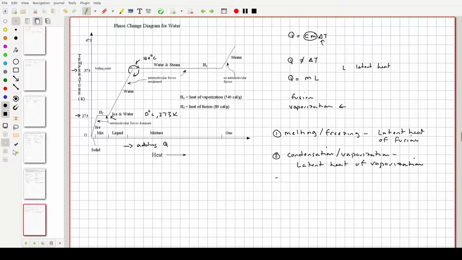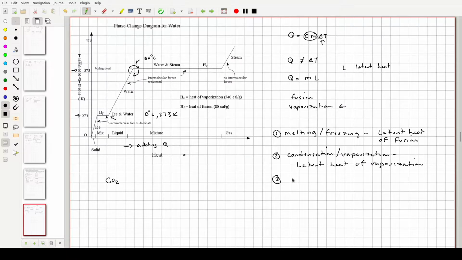Now, not all materials experience all three states of matter. That's one of the things that makes talking about phase transitions so complicated when it comes to the physics that underlies them. It is possible, for example, with carbon dioxide, to go straight from a solid into a gas.